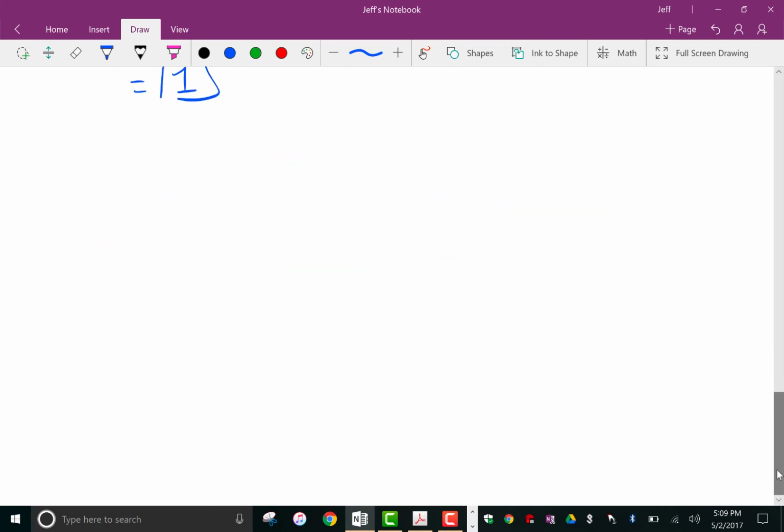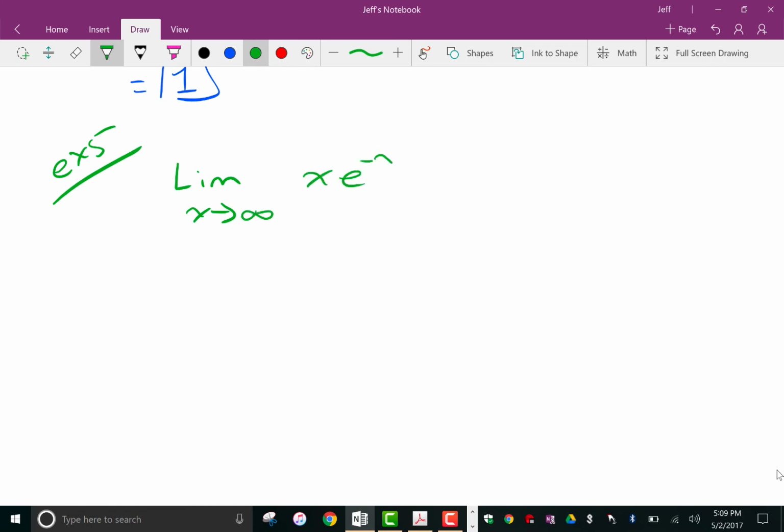Okay, so that brings us to example 5. How about the limit as x approaches infinity of x times e to the negative x? All right, let's talk about the form here. As x is approaching infinity, x goes to infinity, and e to the negative x is going to be approaching 0.